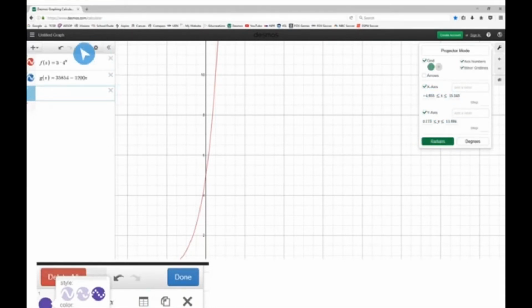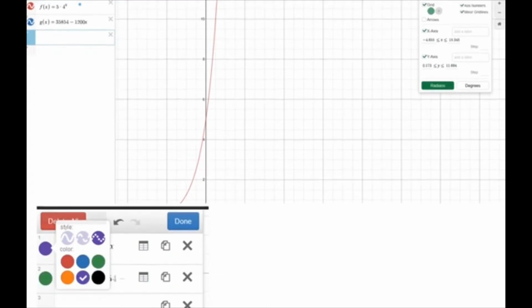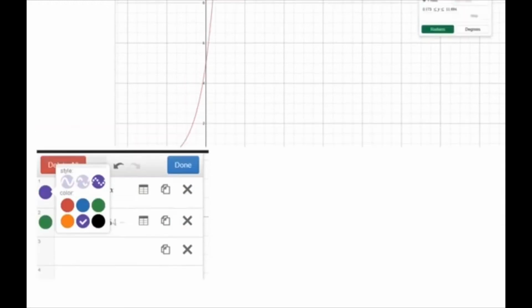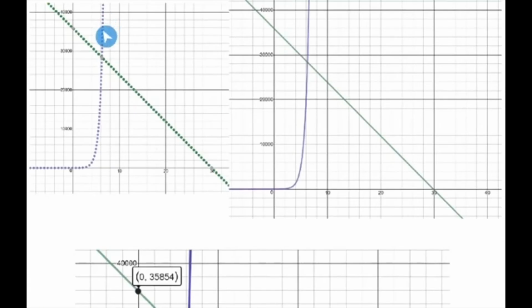Okay. Something else you can do, if you click up here on that settings and you click over here, you can change from discrete to continuous, and you can change the colors as well. You can also put them into tables and some other things like that. Okay. So there's multiple ways that you could end up doing this. Okay. But if you decide to go discrete, it would look something like this.